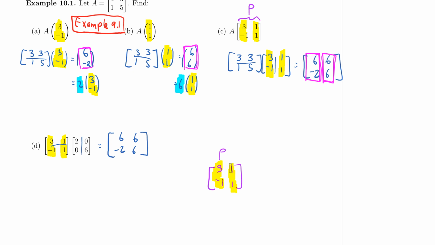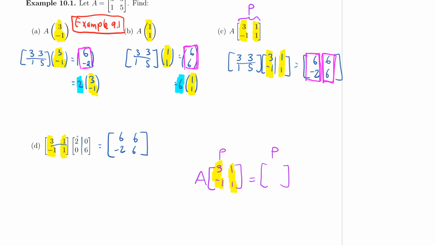I multiply A by P, which is what we did here, A times P. And the product is equal to P times, and what is this?